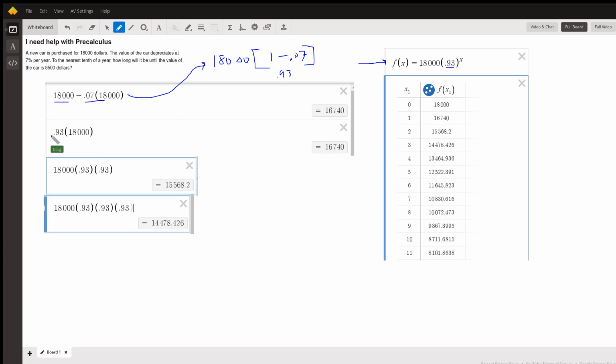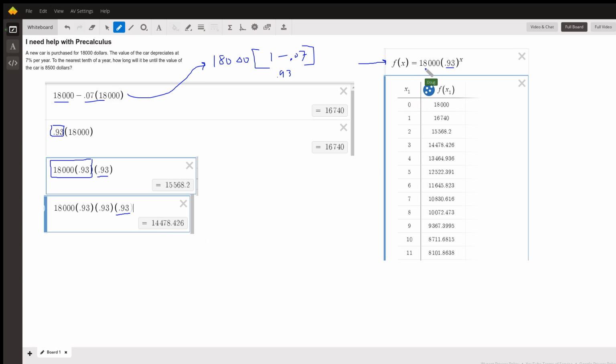When you multiply by 0.93, you went down by 7%, so the 0.93 is what's left after 1 year. And if we multiply by another 0.93, that'll be what the value is after 2 years. And another 0.93, that'll be what the value of the car is after 3 years.